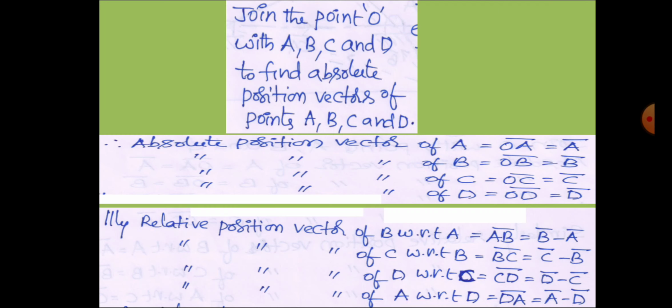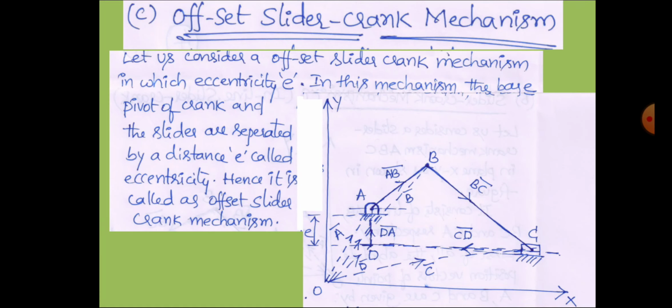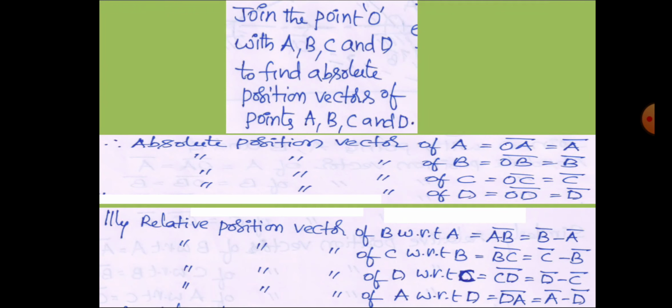After finding the absolute position vectors, then the relative position vectors. How many relative position vectors? A to B, B to C, C to D, D to A. A to B is AB bar, direction from A to B. B to C is BC bar, from B to C. C to D means CD bar, from C to D. D to A is DA bar, from D to A. So there are 4 relative position vectors: AB bar, BC bar, CD bar, DA bar.